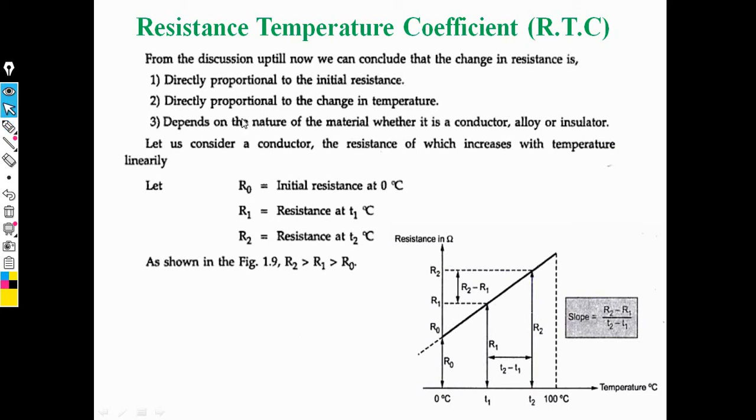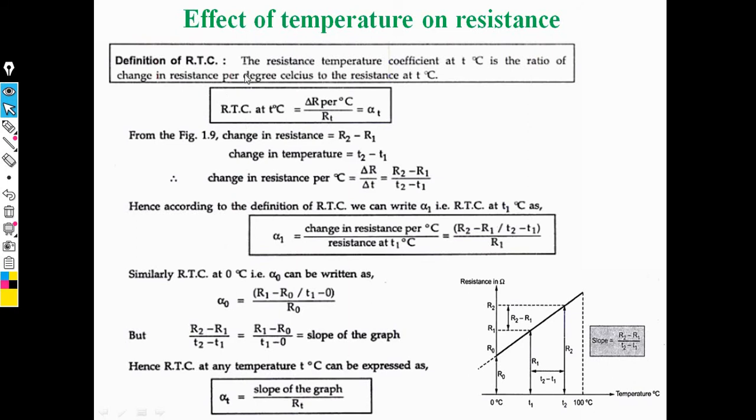resistance temperature coefficient. Now the definition of resistance temperature coefficient is very important.